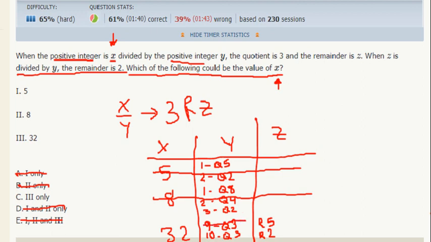So that would not be a valid number. But when I divide 2 by 10, that gives me quotient 0, remainder 2. And that's exactly what I need, remainder 2. So in the case that there was a none of the above type of option, this would confirm that Roman numeral 3 could, in fact, be the value of x.